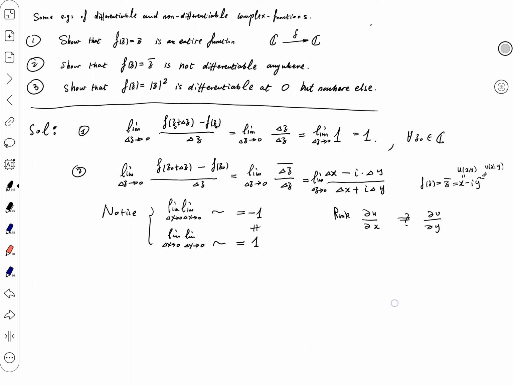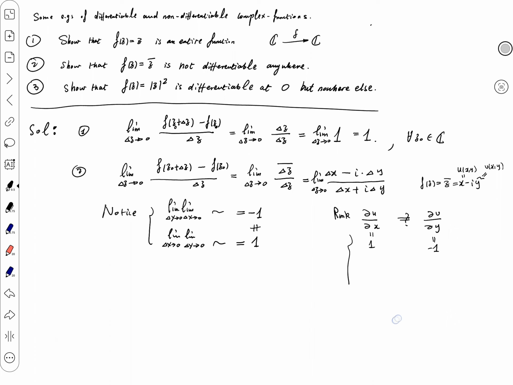So partial u partial x is 1, partial v partial y, actually this is minus y, so minus 1. Already doesn't satisfy the first one.